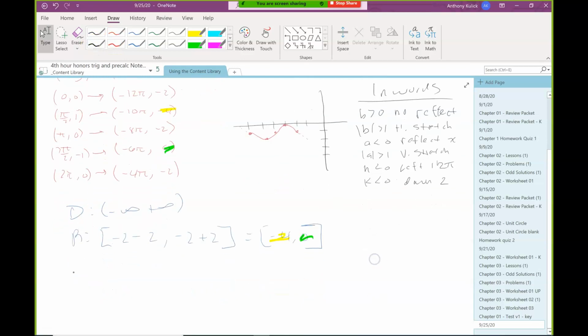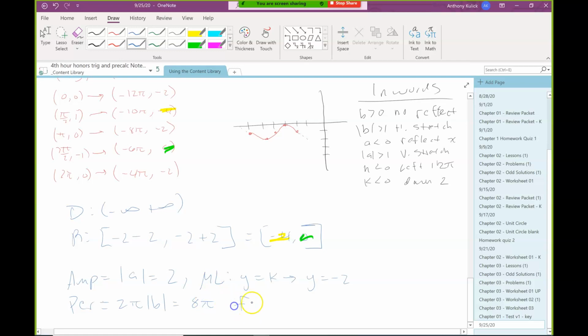And then the last thing we have is the amplitude, which is the absolute value of A, so that's 2. The midline, which is y equals k, so that's going to be y equals negative 2. The period, which is 2 pi times b, which is going to be 8 pi. And then the frequency, which is 1 over the period, so 1 over 8 pi.